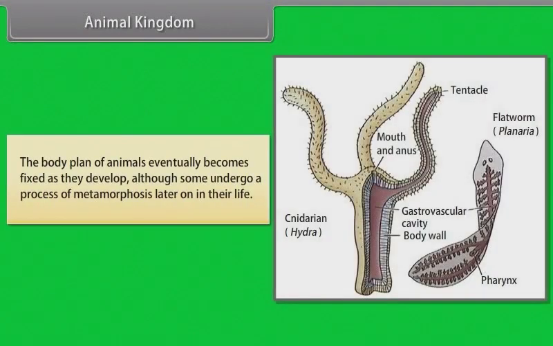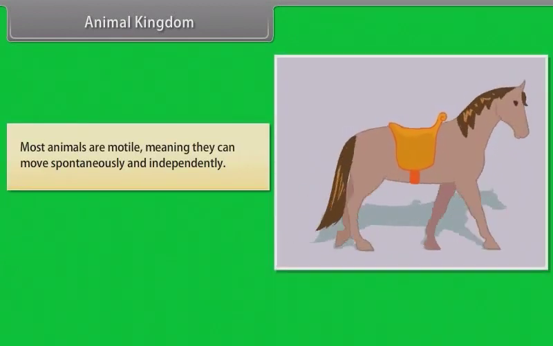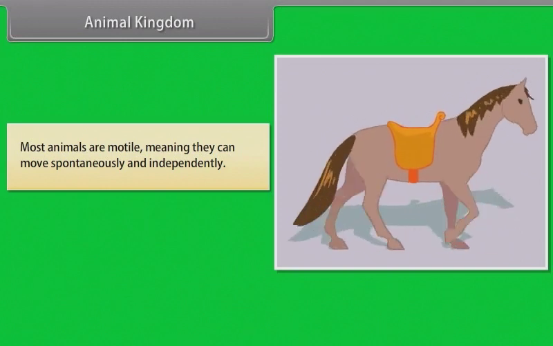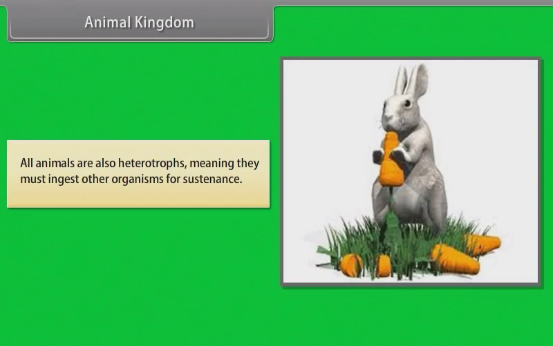The body plan of animals eventually becomes fixed as they develop, although some undergo a process of metamorphosis later on in their life. Most animals are motile, meaning they can move spontaneously and independently. All animals are also heterotrophs, meaning they must ingest other organisms for sustenance.